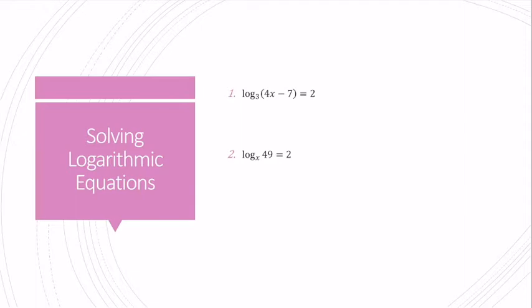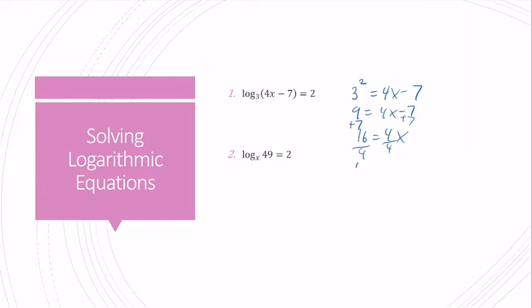I can also use rewriting equations as exponents to solve logarithmic equations. If I write this as 3 squared equals 4x minus 7, that means 9 equals 4x minus 7. I can add 7 to both sides. 16 equals 4x, divide both sides by 4. 4 equals x.